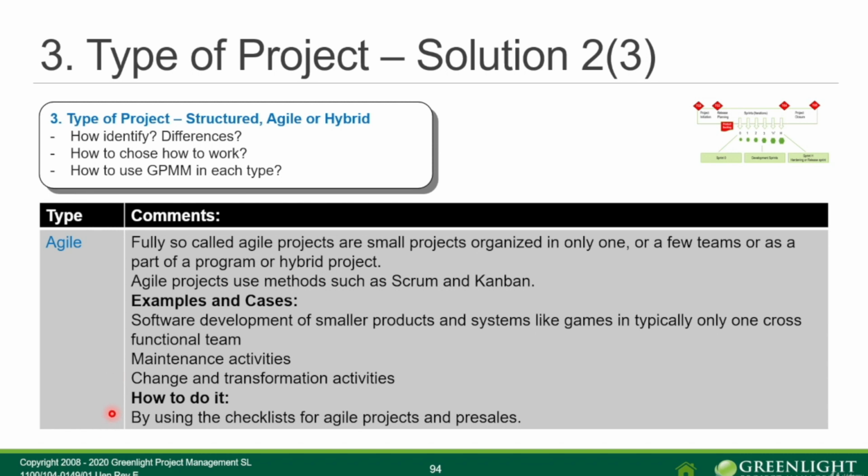Also here we could use checklists for agile projects and also in the pre-sales activities to ensure we deliver what we need to do by the end and have happy customers with the best, most valuable outcome.